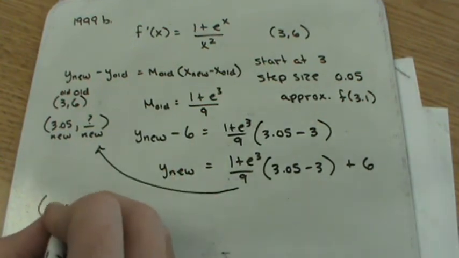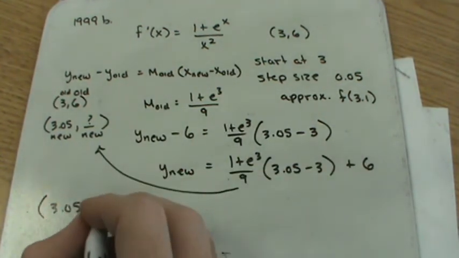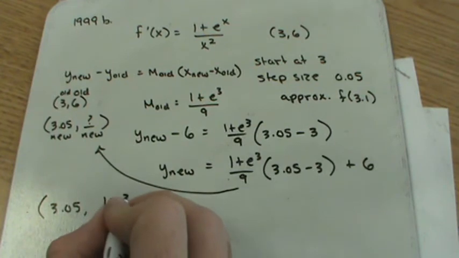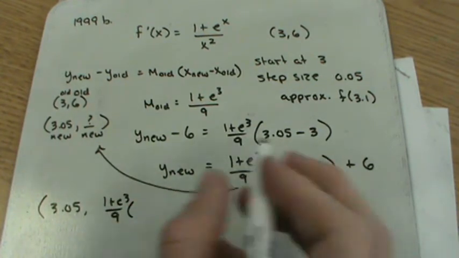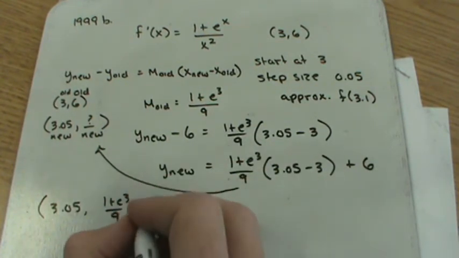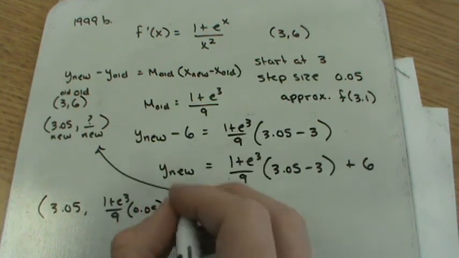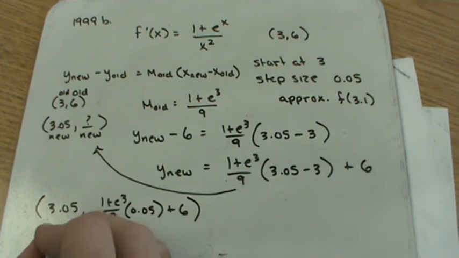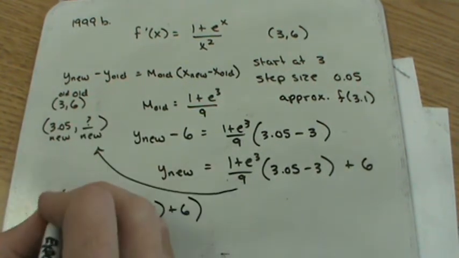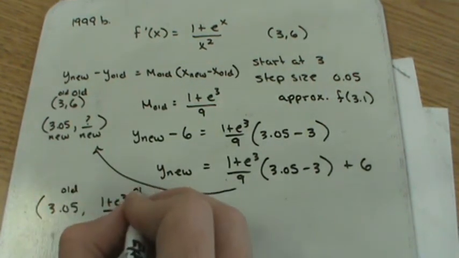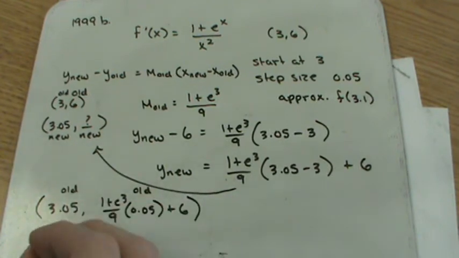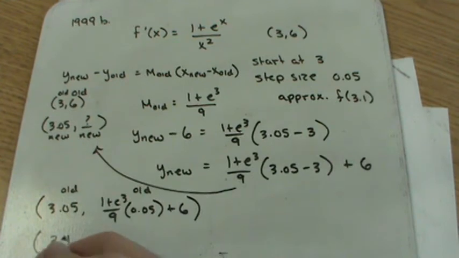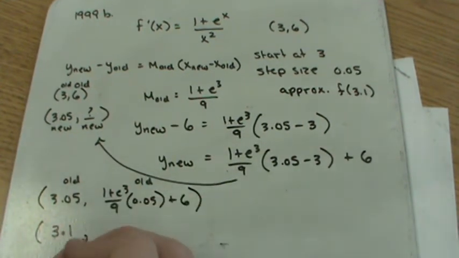So 3.05, comma, 1 plus e cubed over 9 times 0.05 plus 6. So this is our old. And our new, we're going to add another step size, which gives us 3.1, which, fancy that, is the one we're trying to approximate here.